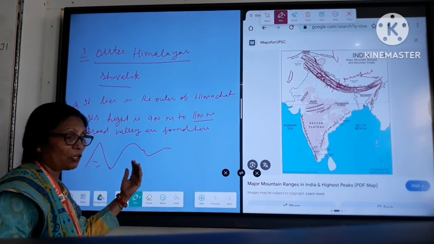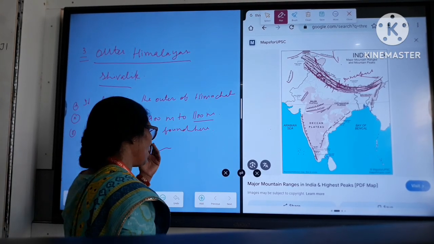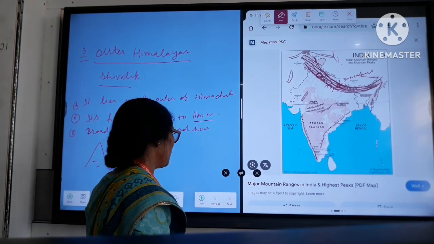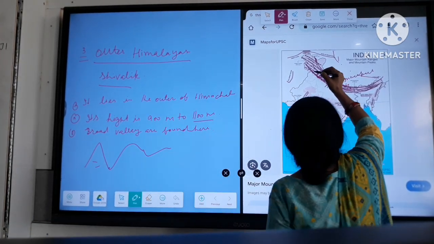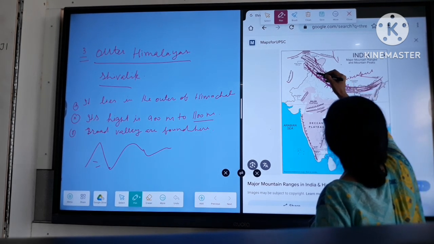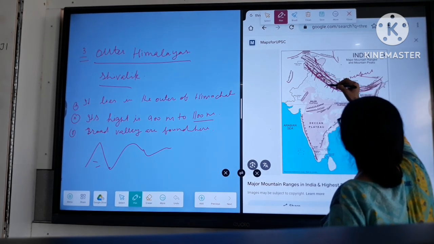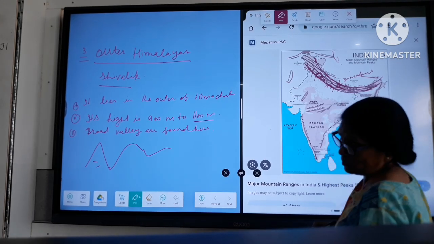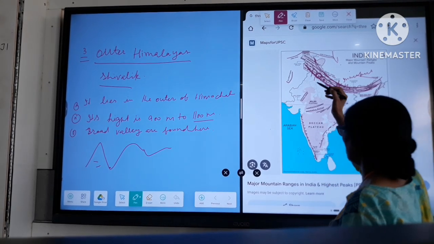Dense forest, thick forest and wildlife are present here. Here is the fertile soil. These ranges are composed by the rivers Ganga, Yamuna and Brahmaputra. This is composed of the sediments brought by the rivers.